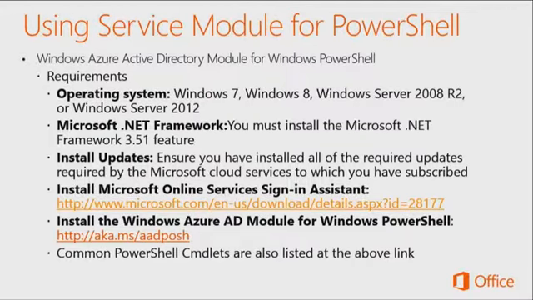Must have .NET Framework 3.5.1. Must have Office updates, or install updates, Windows updates, and the Microsoft Online Services Sign-In Assistant needs to be installed. And then there's a link here for downloading and installing the module for PowerShell. So this is an add-on to PowerShell to allow it to connect to Windows Online.